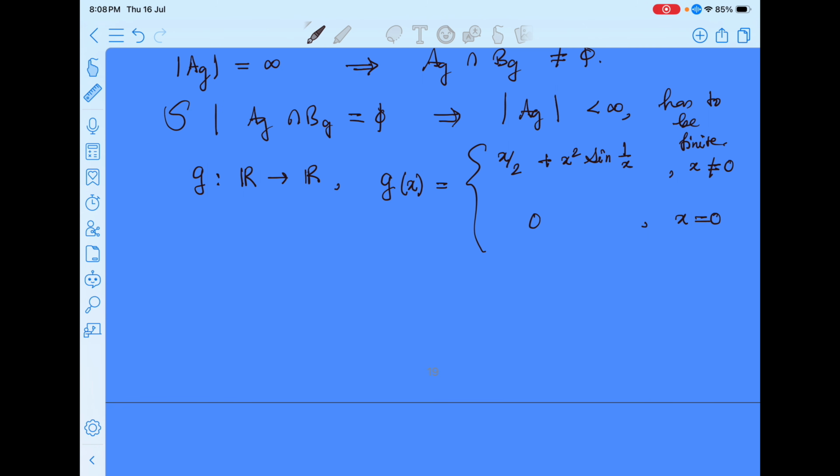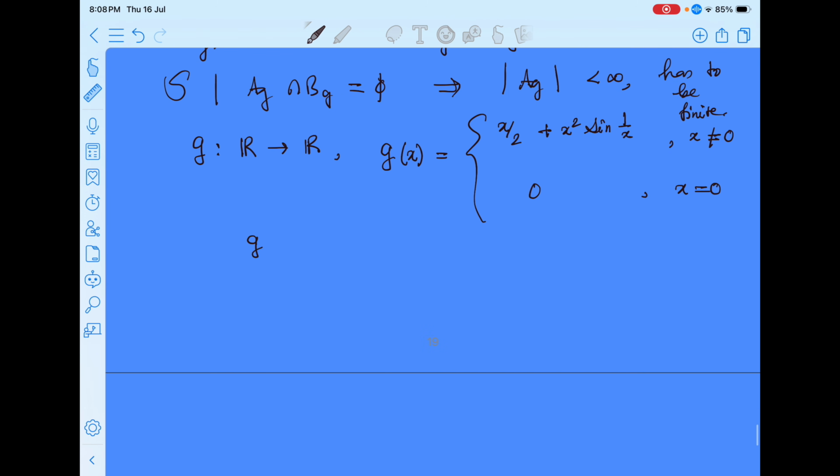So let us check whether this function is differentiable or not. When x is not equal to 0, this function is clearly differentiable.